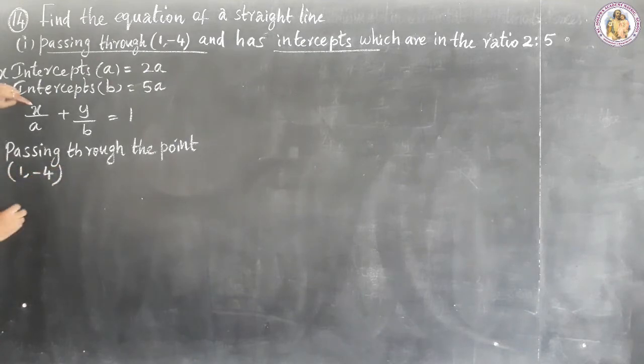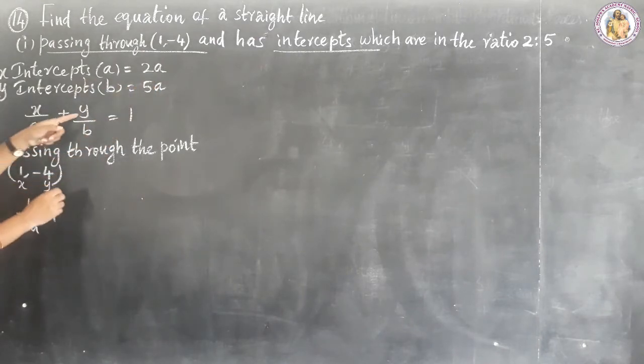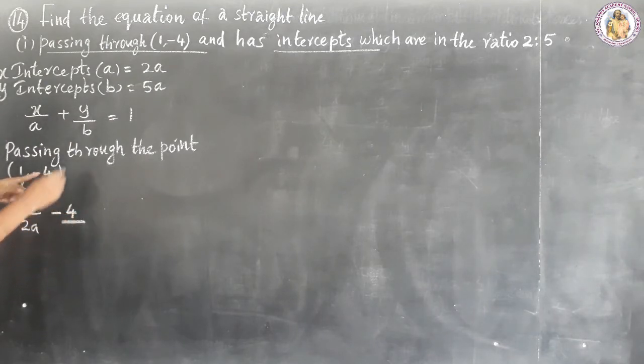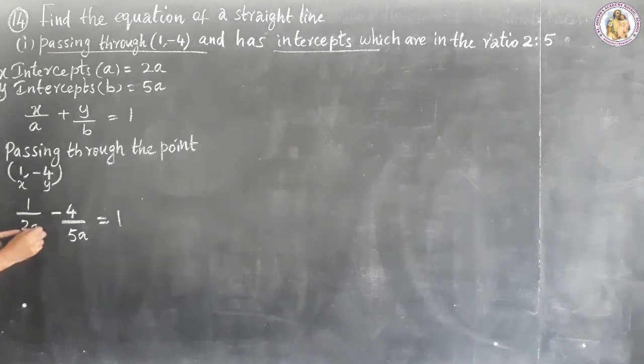Now substitute the values of x and y. So 1 divided by a is 2a plus y minus 4, so write here minus 4 divided by b, b is 5a, is equal to 1. Now take LCM. So multiply with 5 both the numerator as well as the denominator, and here with 2.